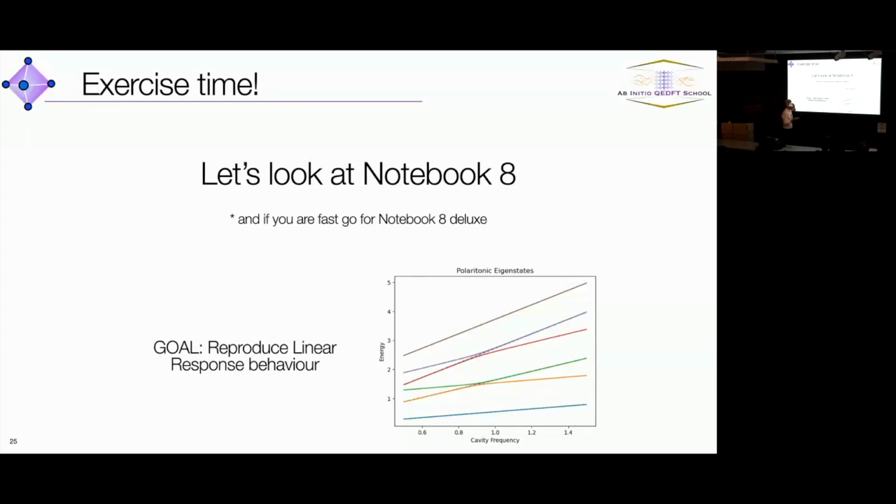Then you cannot expect anything else than seeing lines that disperse the same way that these lines do, because the response function is just probing the resonances of your system. So this is exactly the background picture that allows you to have this polaritonic Rabi splitting.